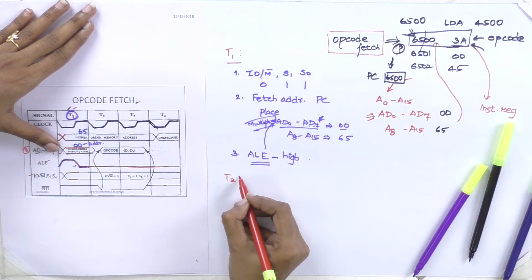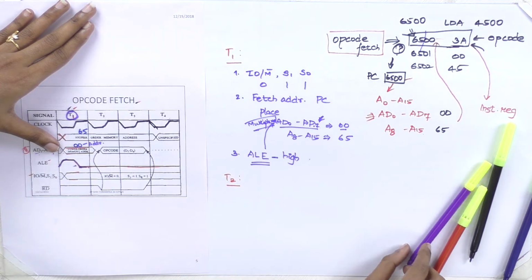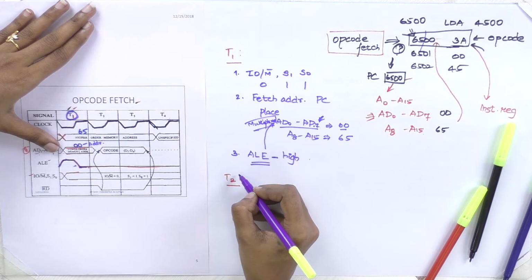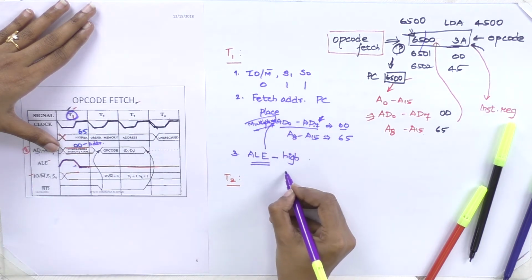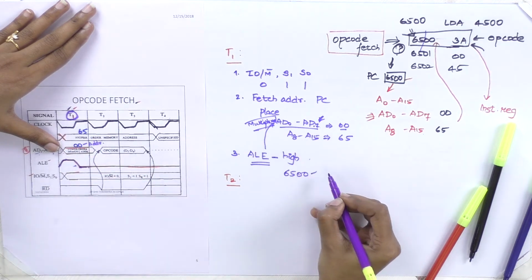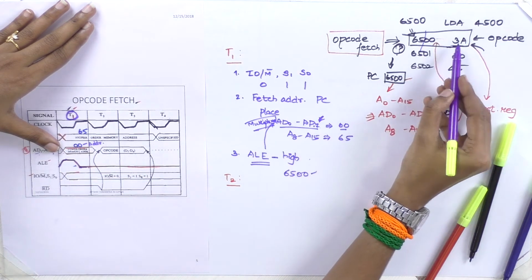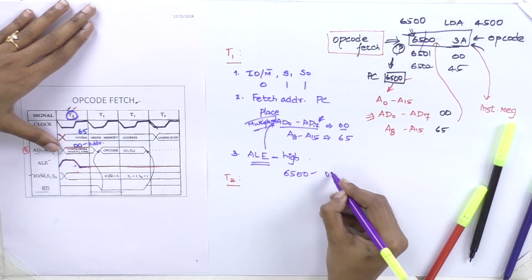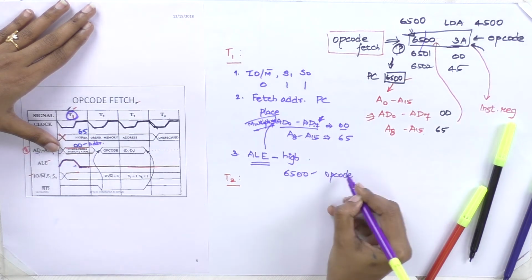So the next, T state 2, what will happen? Now the processor knows the address, which is nothing but 6500, because that was put in the address bus. So now the processor knows the address of this instruction, which is the opcode.